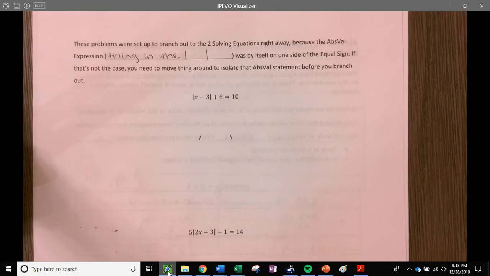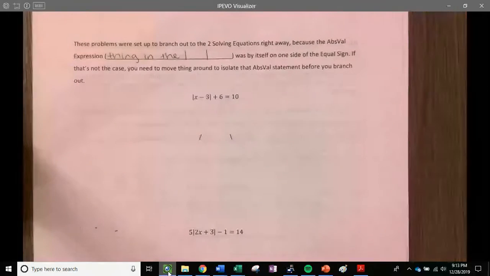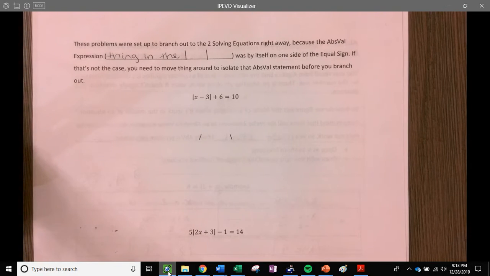Branch out. If that's not the case, you need to move things around to isolate that absolute value statement before you branch out. So your steps when you're thinking about it: isolate if you need to, then branch, then solve, then check. Isolate, branch, solve, check.